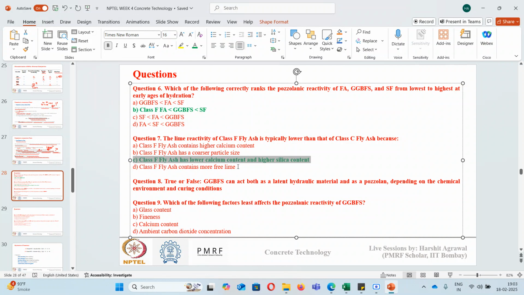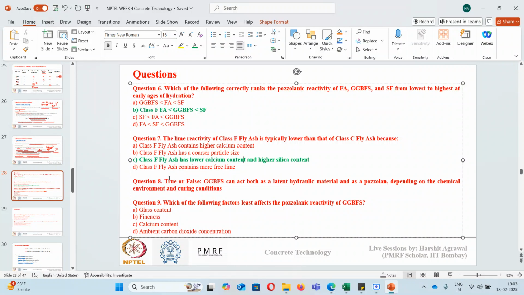Compared to class C fly ash, it has a lower reactivity. Class C fly ash has a high calcium content, which makes it more reactive with water and lime. So in class C, there is cementitious ability also. That's why class C fly ash is more reactive than class F fly ash.